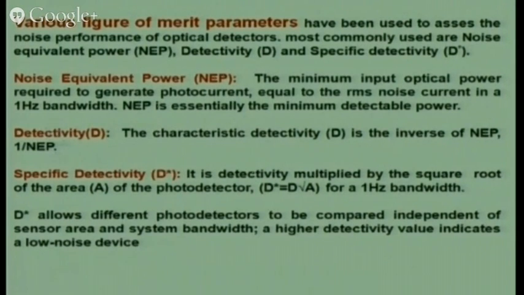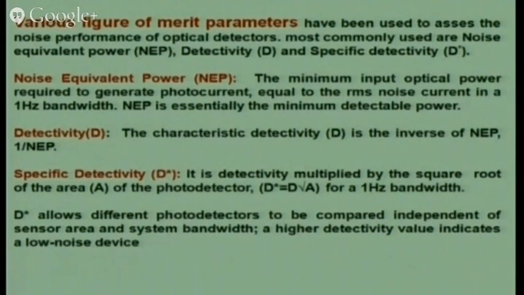Then comes the detectivity, which is 1 over the NEP. Then comes the specific detectivity, because photodiodes are available with different areas. It can have a larger area, it can have a smaller area. Like I say, capacitance is proportional to area by the spacing between the plates. So smaller the area, smaller the capacitance, isn't it?